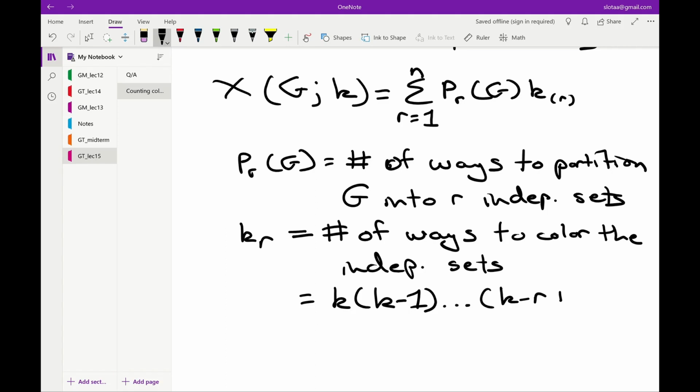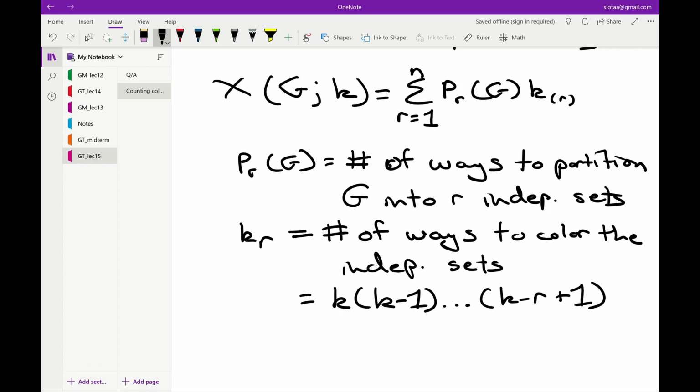To generalize it, instead of n vertices, we're talking about r independent sets in the general case. So this k sub r is going to be irrespective of the structure of the graph. It's only a function specifically of k and of r. But that p sub r is going to be dependent specifically on the graph itself.